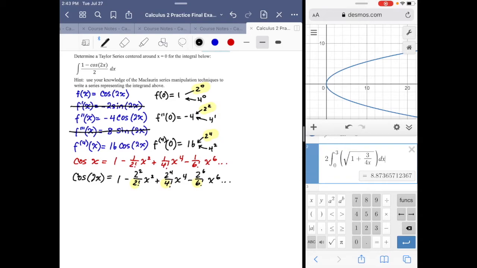Then obviously 2 to the 6th, 2 to the 8th, 2 to the whatever. So we have the alternating aspect of it, and everything else going on too. Then building from there, we would say 1 minus cosine 2x. It would be 1 minus all of the stuff that we just came up with.